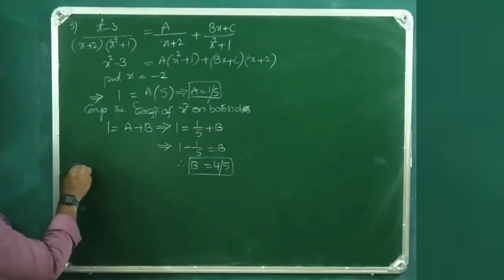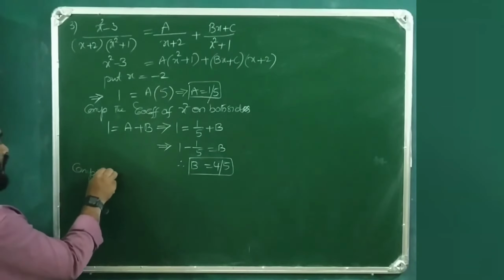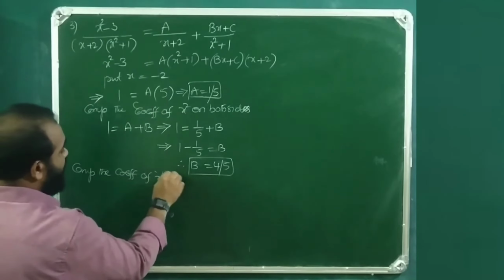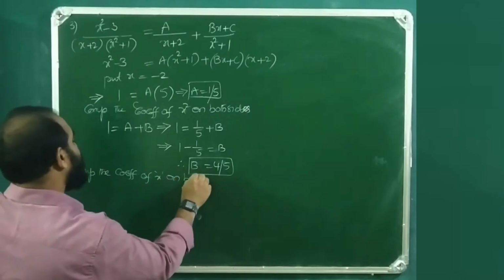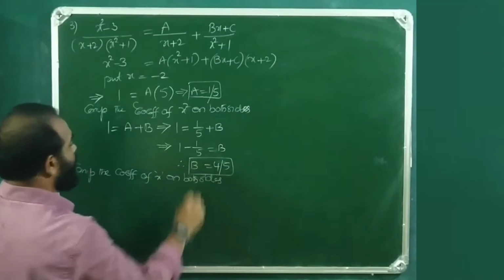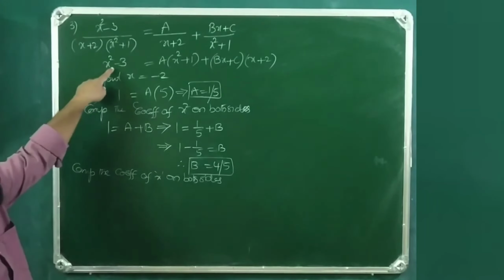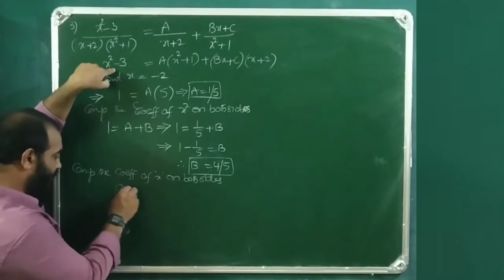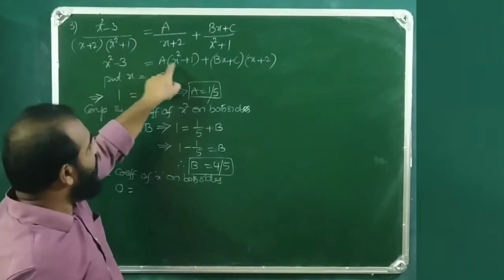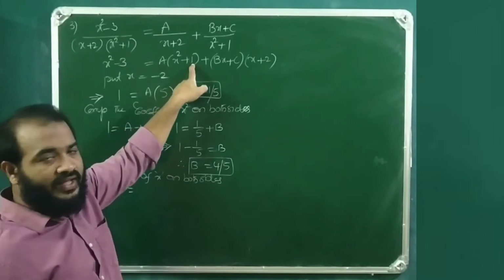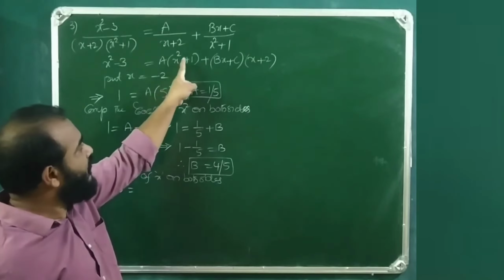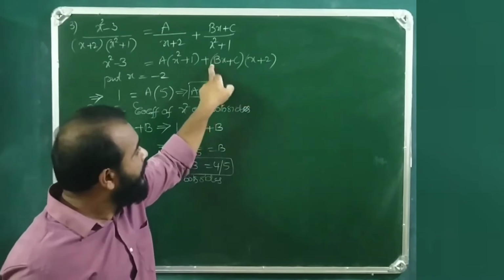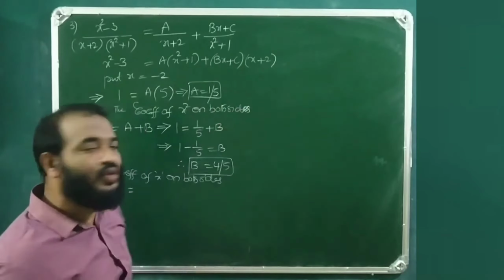Now comparing the coefficient of x on both sides. Here we don't have any x term in the LHS, so 0 is equal to. Here ax square, a into 1, a, so it has x square and a constant. Then bx into x is bx square, bx into 2 is 2bx, so the x coefficient is 2b.